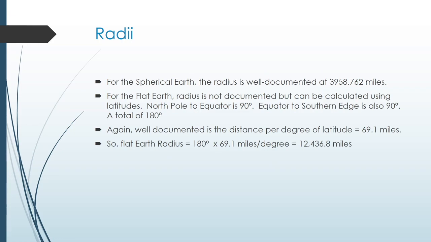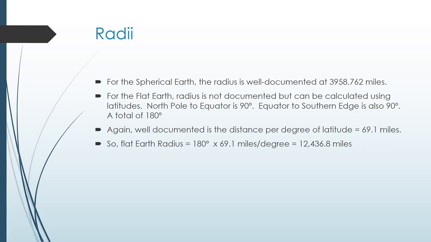First, we need to talk about radii. So for the spherical Earth first, the radius is well documented. You can look it up anywhere. 3,958.762 miles. Boy, that's a lot of significant digits. For the flat Earth, the radius is not documented, but it can be calculated using latitudes. So the North Pole to the equator is 90 degrees.